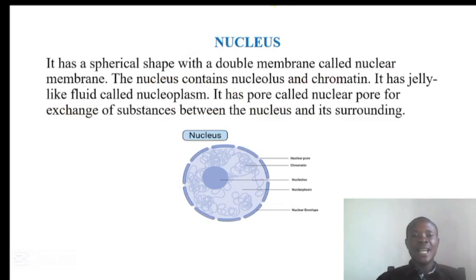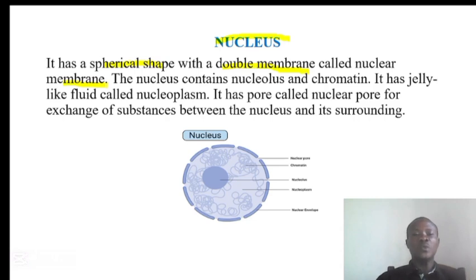Next on our slide is the nucleus. The nucleus is spherical in shape with a double membrane called the nuclear membrane. This differentiates eukaryotic cells from prokaryotic cells. In prokaryotic cells, the nuclear material is not surrounded by a nuclear membrane.